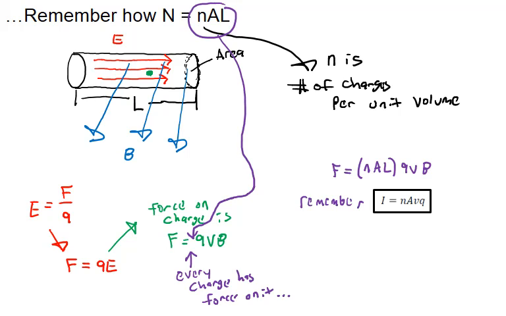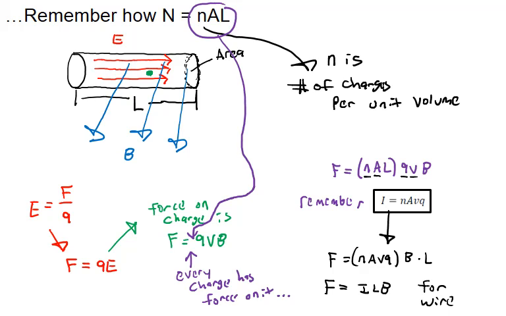And so remember how we derived current, where n was the number of charges per unit volume, A was the area, v was the velocity, and then q is the charge. We're using the elementary charge for these going through the wire. We could place these in here, and so what we end up getting, again, is ILB for that particular wire.